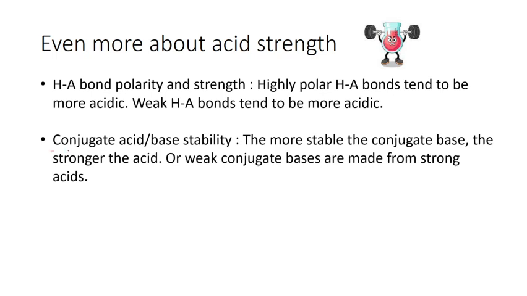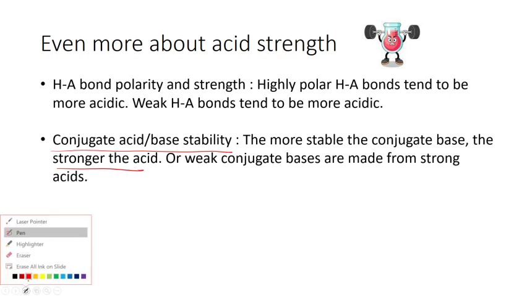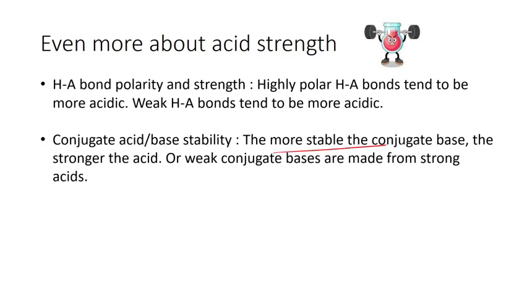The other thing we have to take into consideration is conjugate acid or base stability. The more stable your conjugate base is, the easier it wants to hang out without the hydrogen on its own, so the stronger your acid is going to be.